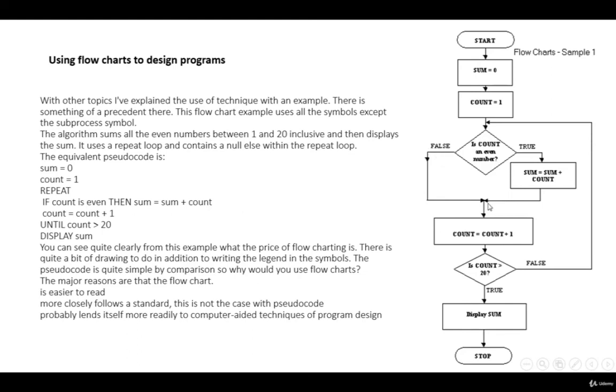If false, go to the next step, count equals count plus 1, and then is count greater than 20? If true, end the program and display the sum. If false, you return to the count again. This program easily sums the even numbers. So if the count is an even number, go this way; if it is an odd number, go this way.